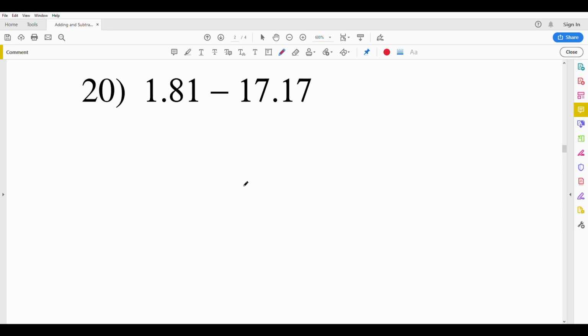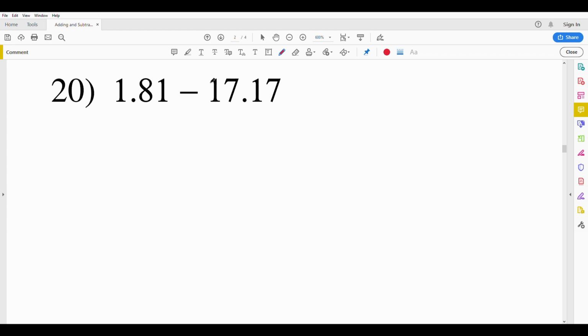Now in number 20, I have a positive number and I'm subtracting a positive number. So we're starting with a positive number, but we're moving a greater distance into those negatives. So our result is going to be negative. So what I'm going to do is just see how far that distance was that we moved to the left of 0. So I'll take my distance of 17 17 hundredths, and I'll subtract some of the distance, 1.81, to see the total distance we had moved into the negatives. 7 minus 1 is 6. 1 minus 8, I can't do that, so I'll borrow.